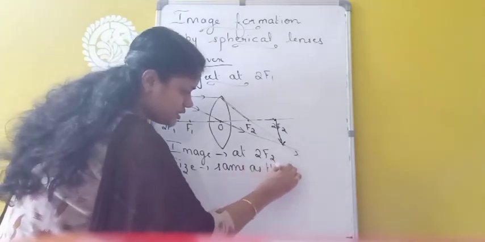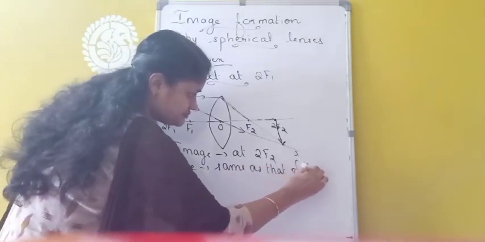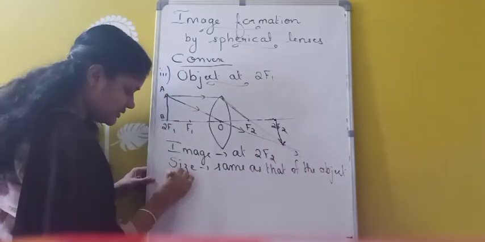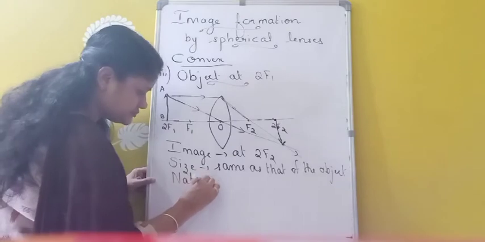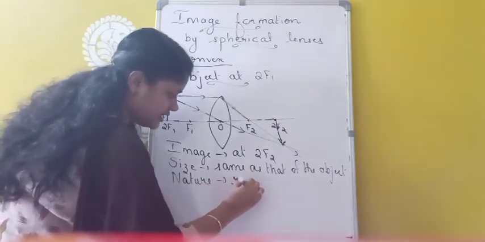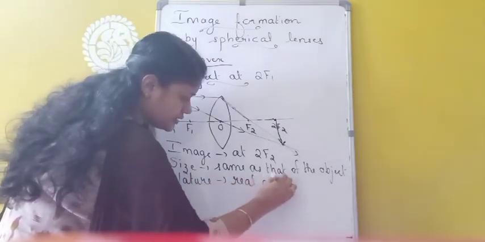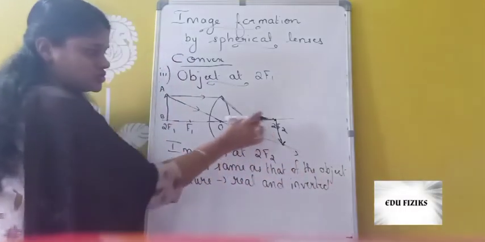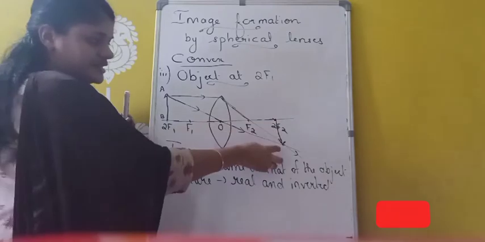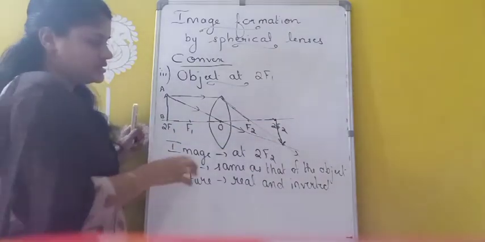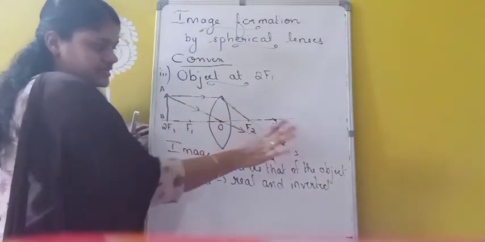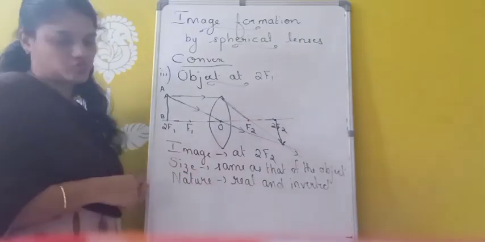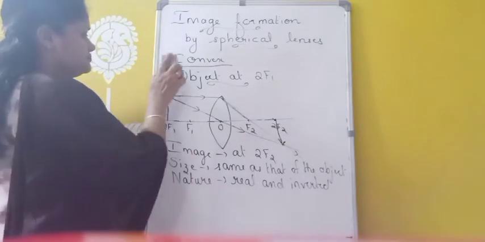And the nature of the image is real and inverted. Here also we are getting the image below the principal axis, that means it is an inverted image. And whenever light rays are actually meeting, it is a real image. So we are getting the image at 2F2. Okay. Now fourth one.